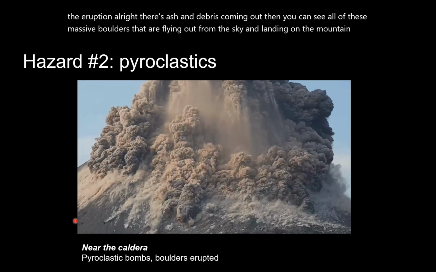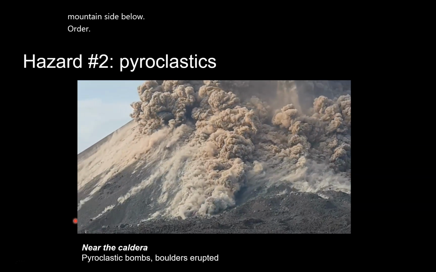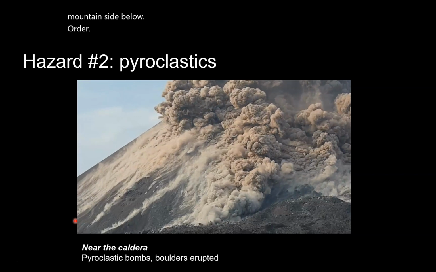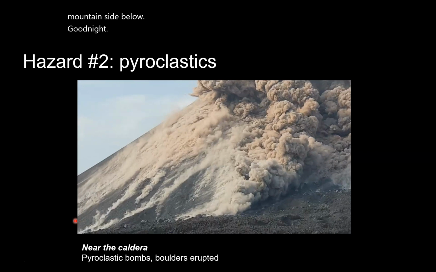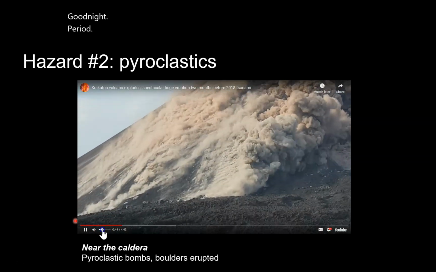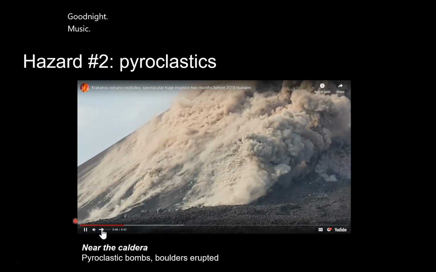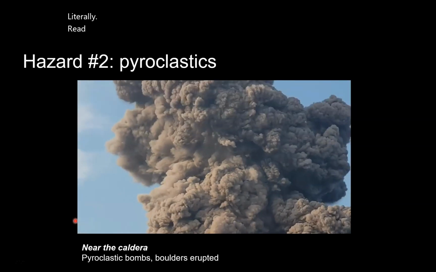Right? Some of these boulders that are coming down are huge and massive, the size of an entire building. So this is a serious hazard if you live close to the side of a volcano and it erupts. You could literally destroy it with debris that falls out of the volcano.